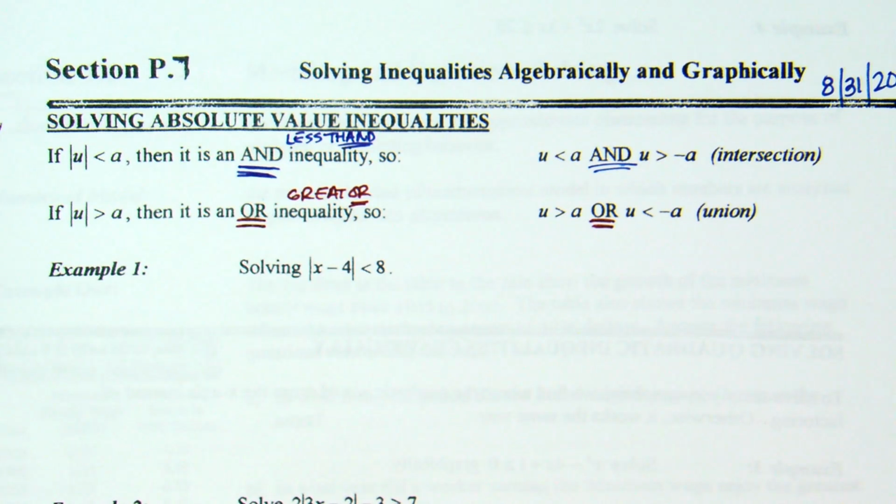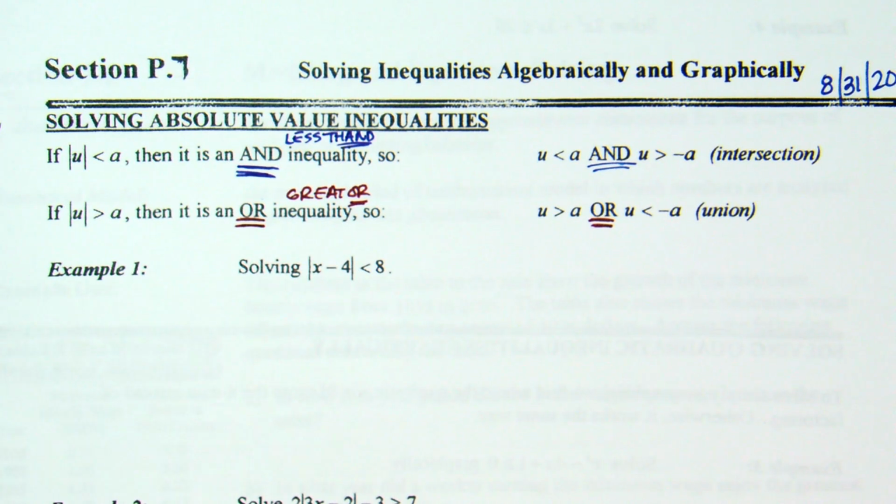The first one you set up as is. The second one, you change the inequality sign and the positive to negative sign. Okay, this one's a union. What's the shading look like on an or statement? Typically, on the outside. Typically goes out. And I am using the word typically because it's not all the time.